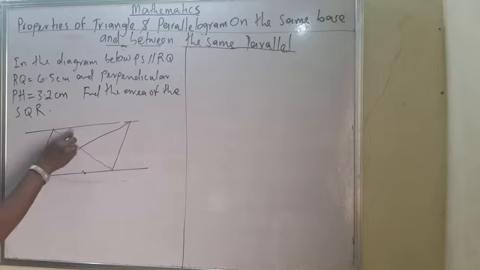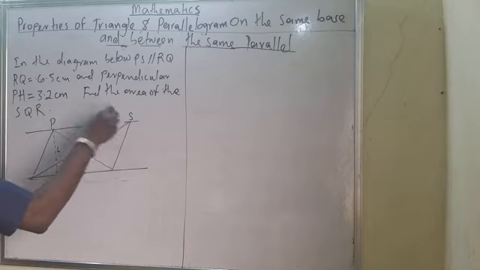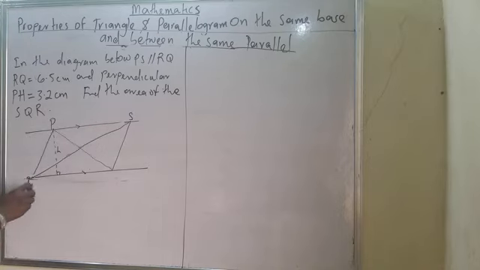I have H, which is my height. Now, I call this place P, this place X, this place R, this place Q, and this the H we are talking about.